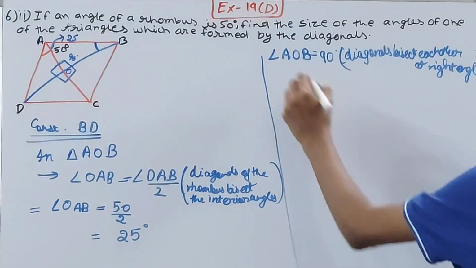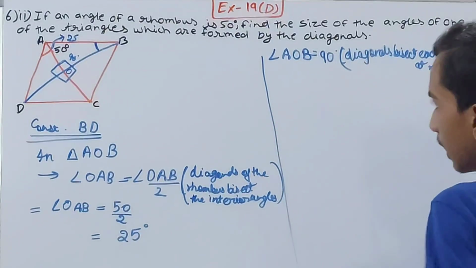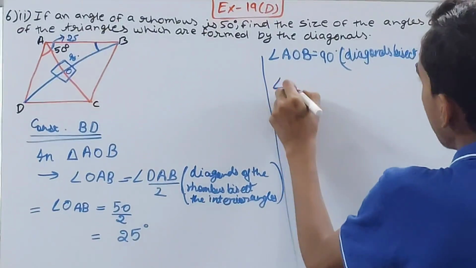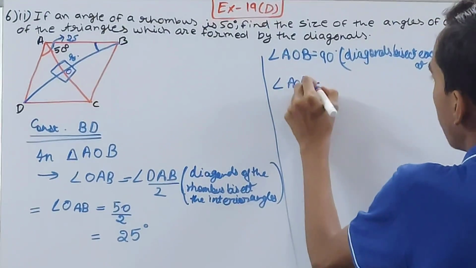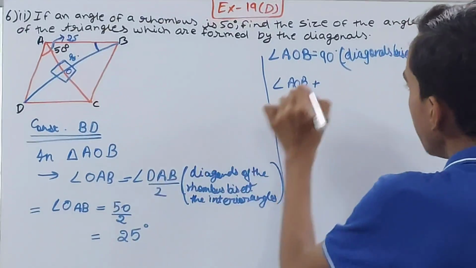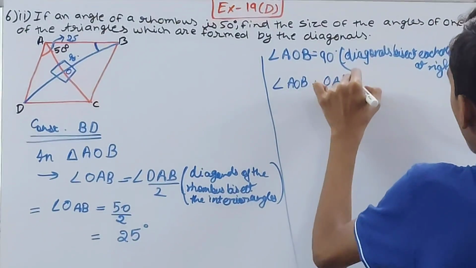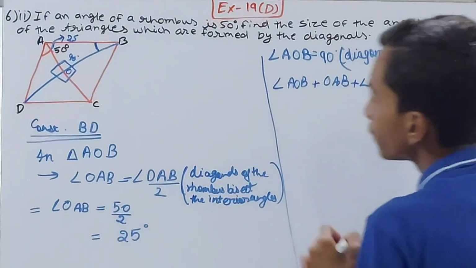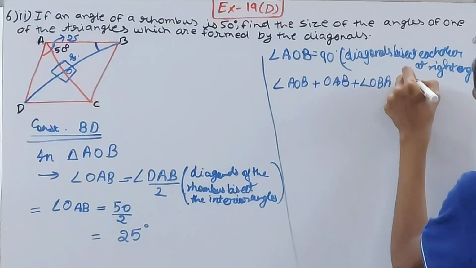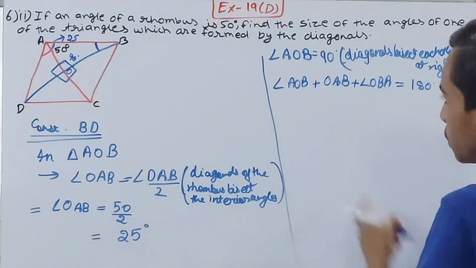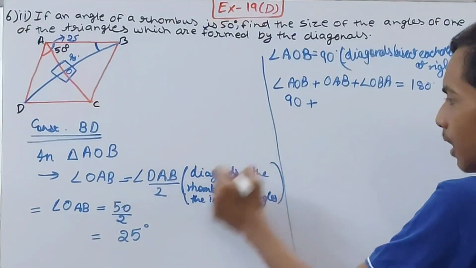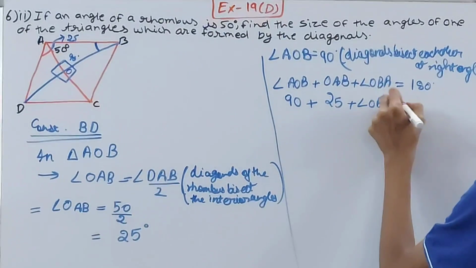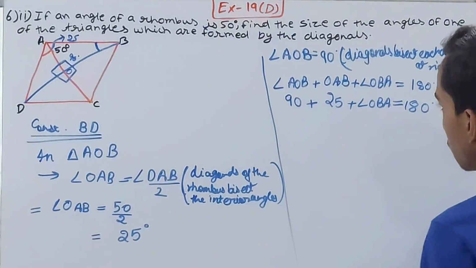Angle OBA. So we will use the angle sum property of the triangle that says angle AOB plus angle OAB plus angle OBA is equal to what? It is equal to 180 degrees. Okay, so AOB is 90 degrees, OAB is 25 degrees, angle OBA I don't know, and the rest is equal to 180.